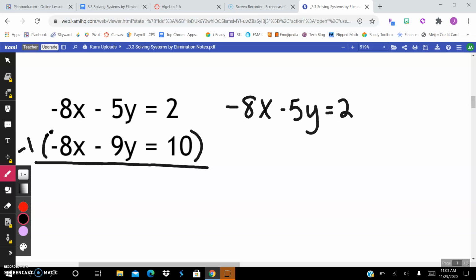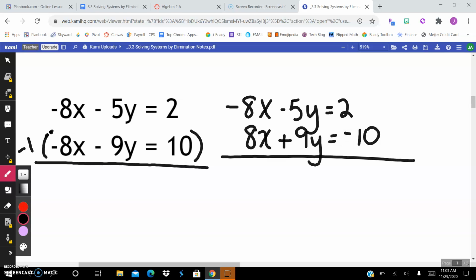Then if I multiply everything in the second equation by -1, it's just going to make the opposite signs. That 10 would become negative. Then I could add. So if you want to always just think about adding with these, you can multiply, as long as you multiply everything by the same number. We can change the signs so that we always add.